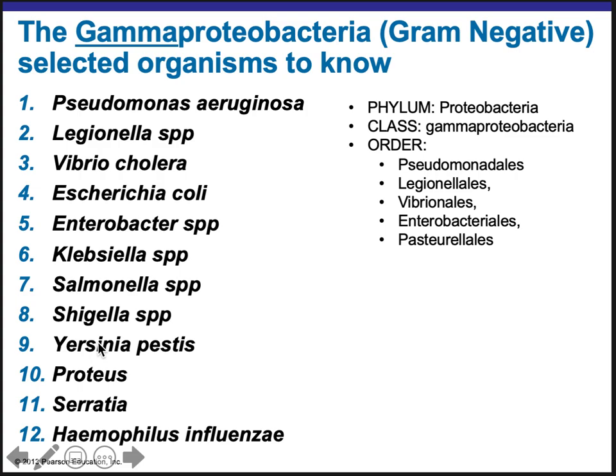All right. So now we're going to look at the next group of Proteobacteria called the gamma Proteobacteria. Everything we've been talking about for part 1 and now part 2 is still gram-negative. Here we will look at a lot of organisms, but not necessarily in all the detail that we've been seeing so far.